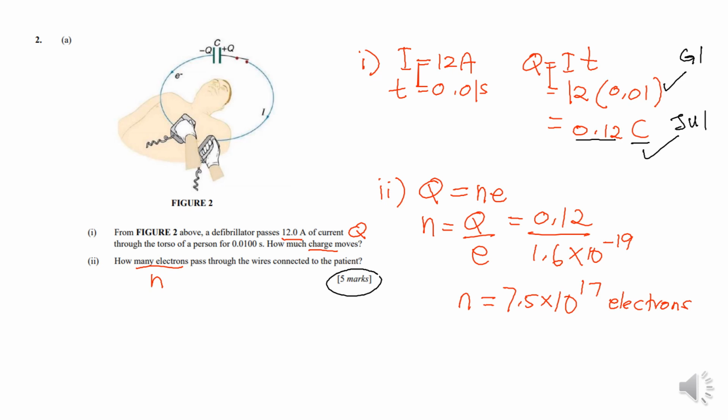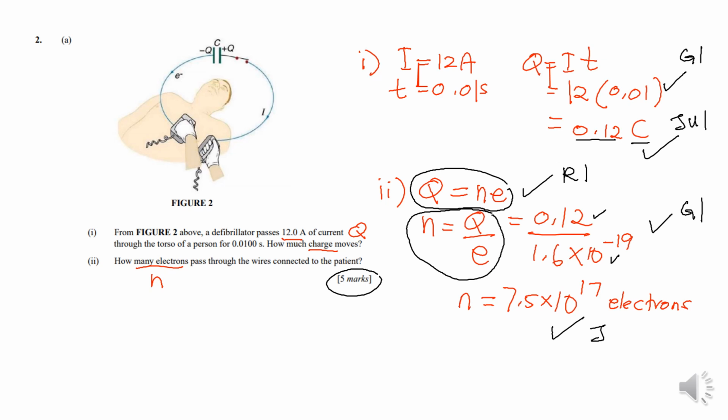Yang kedua R1, rumus Q sama dengan NE ataupun N sama dengan Q over E. So rumus 1, gantian yang betul 0.12 for Q and 1.6 times 10 to the power negative 19 for electron. Dan jawapan 1. So 1, 2, 3, 4, 5 marks for question number 2A.